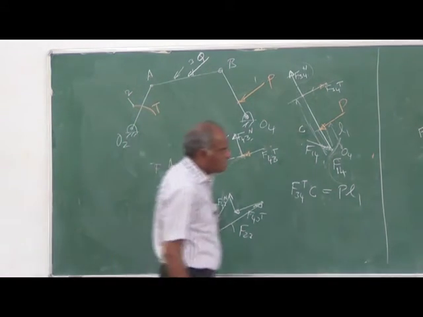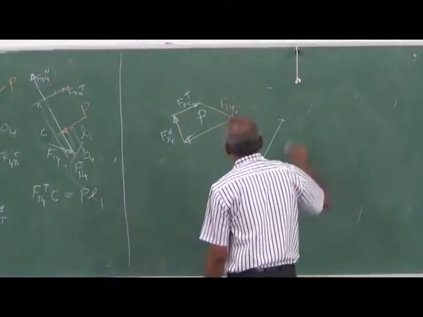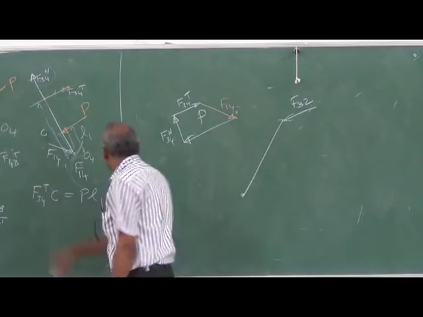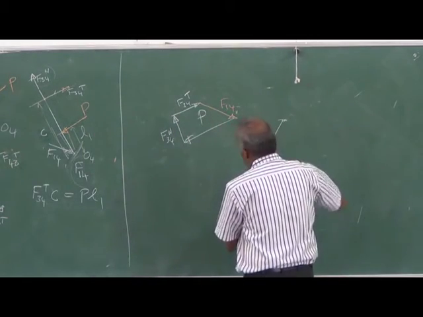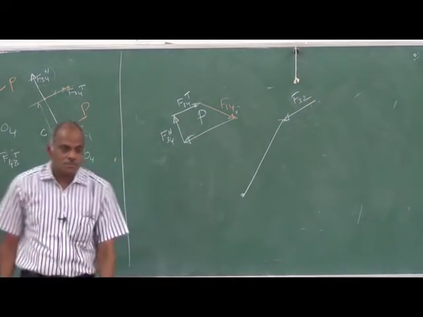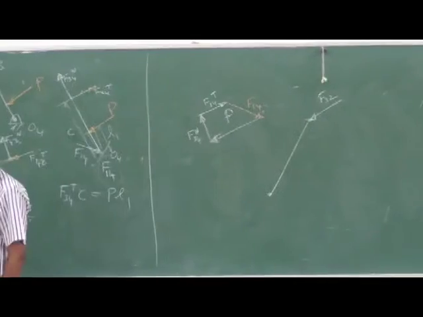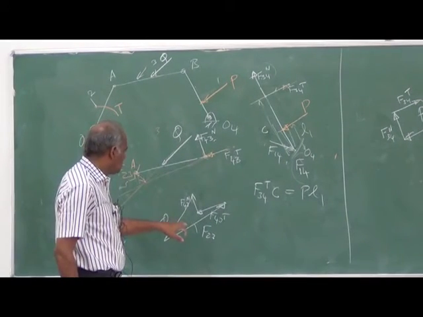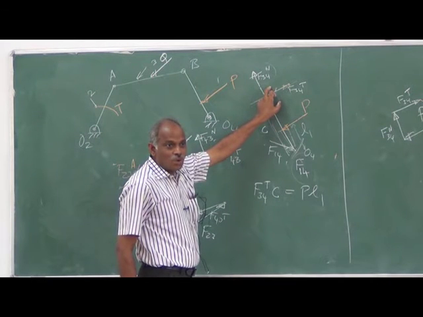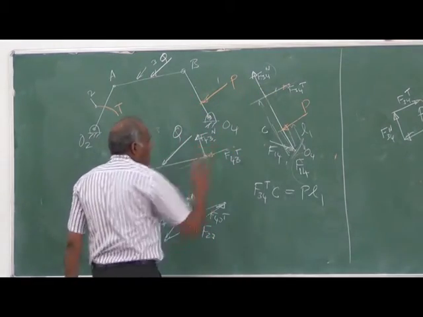Now coming back here for the linkage 2, then you will have this F32, which will be just opposite of that. Okay, so I think the magnitude is like this. F34 direction.